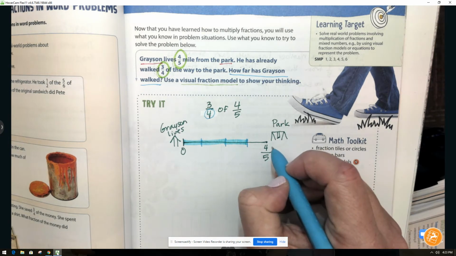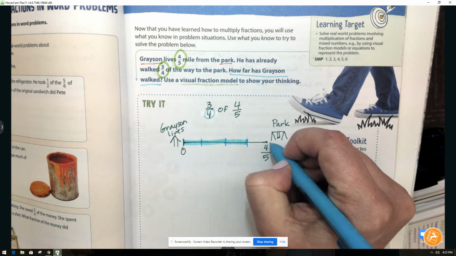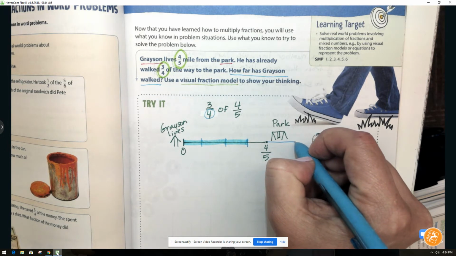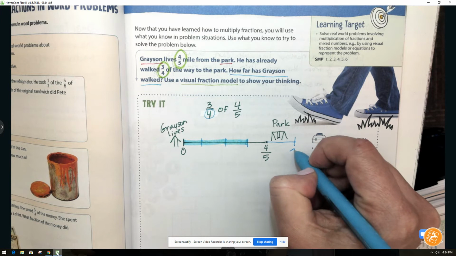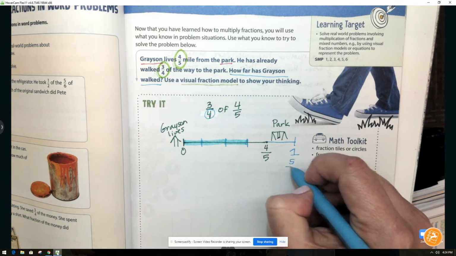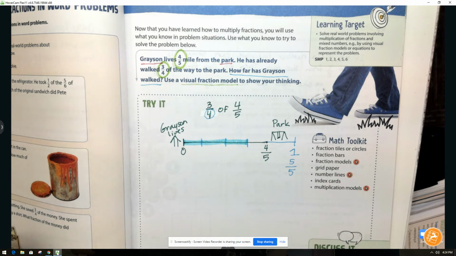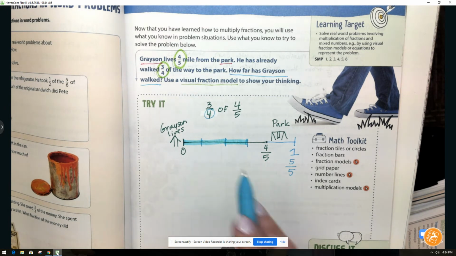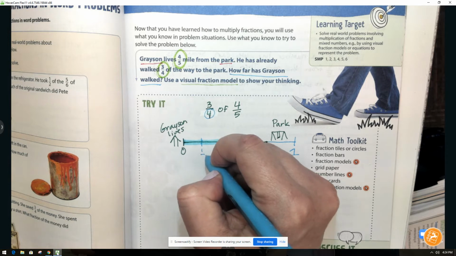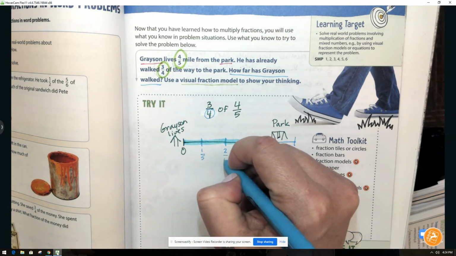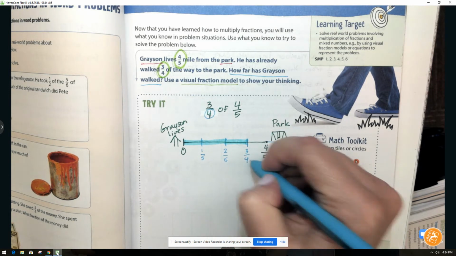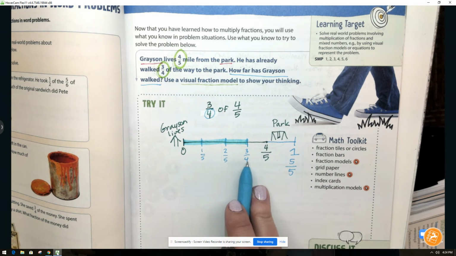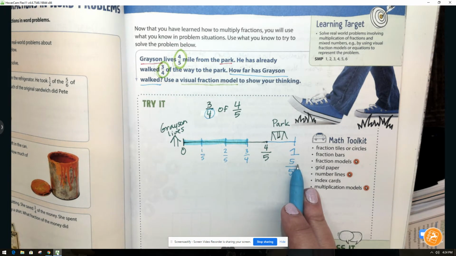Now, if I went ahead and drew past the park over here, and I went to 1 whole, or 5/5, that makes it so each of these sections is worth 1/5. Because we have 1/5, 2/5, 3/5, 4/5, and then 5/5.